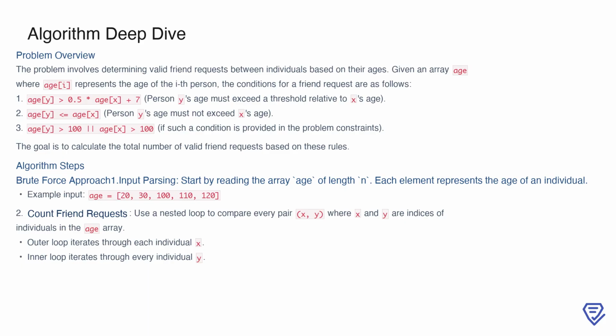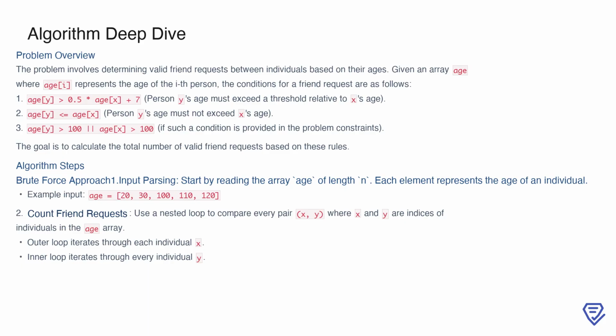Second, the recipient's age must be less than or equal to the sender's age, ensuring that people don't send requests to those significantly older than themselves. Lastly, there is an optional condition that checks if either person's age exceeds 100, depending on the problem's constraints. The goal is to calculate the total number of valid friend requests for all possible pairs of individuals.